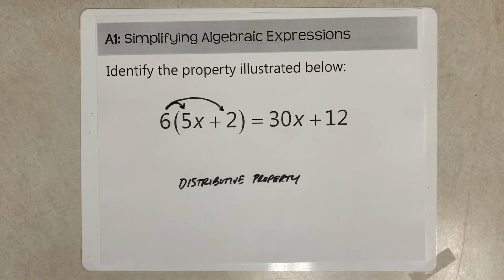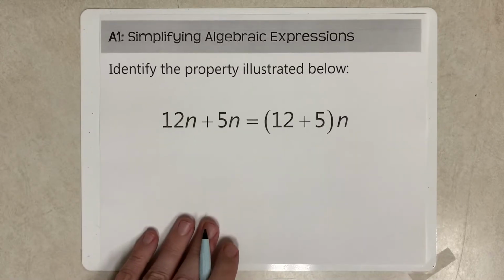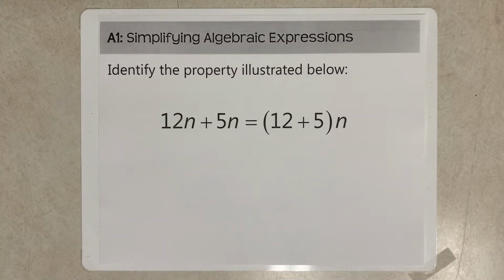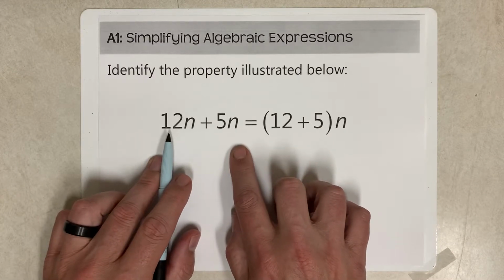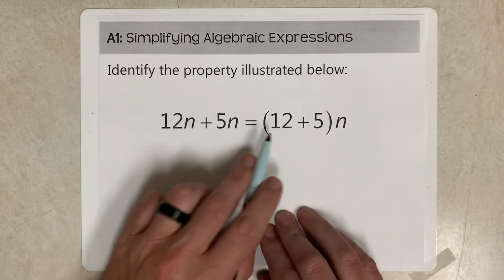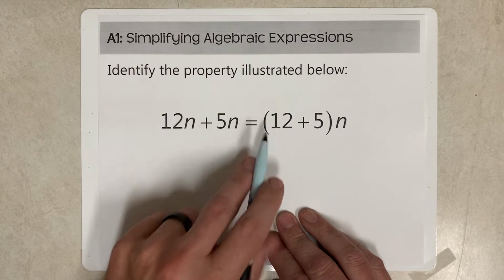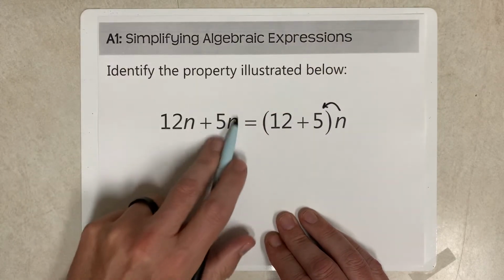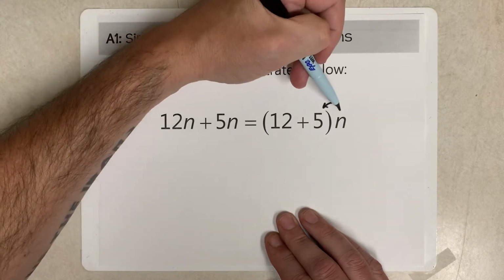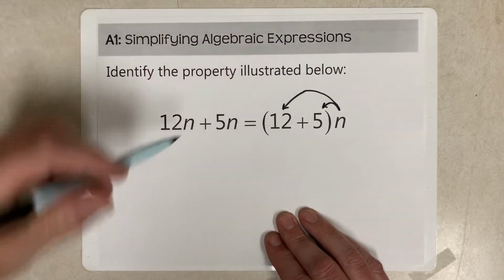Now let's take a look at this one. On this one we see the parentheses on the right-hand side, but no parentheses on this side. So what happened here was kind of distributing in reverse. If I distribute the n to the 5, I get my 5n, and if I distribute the n to the 12, I get 12n.